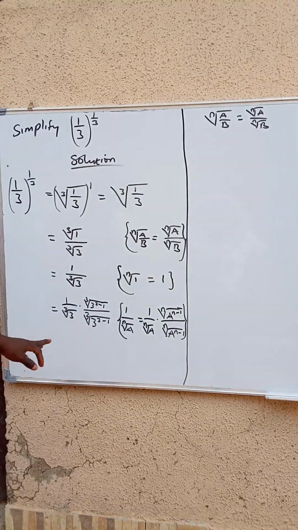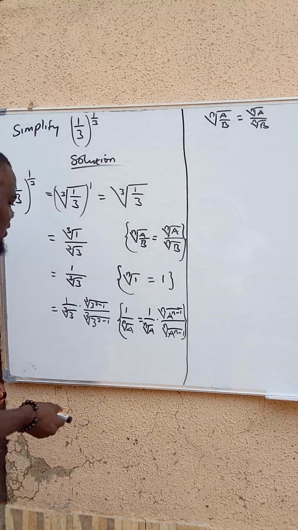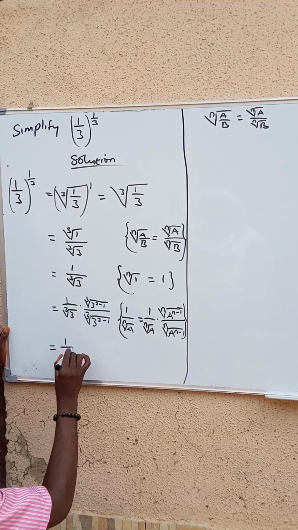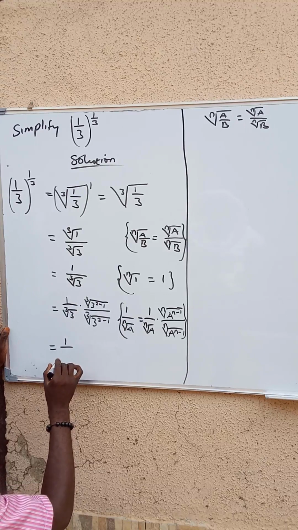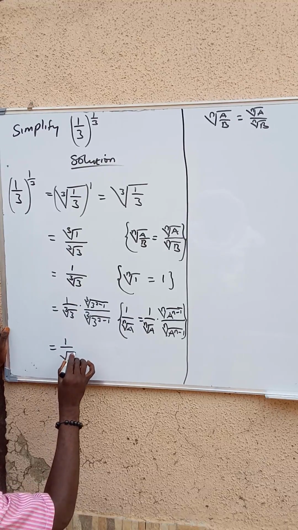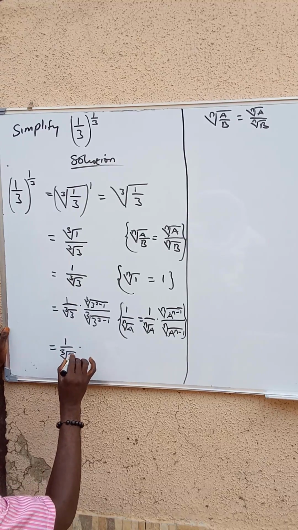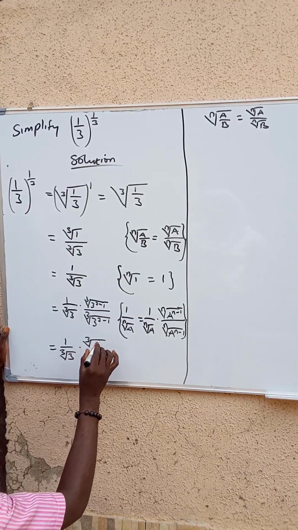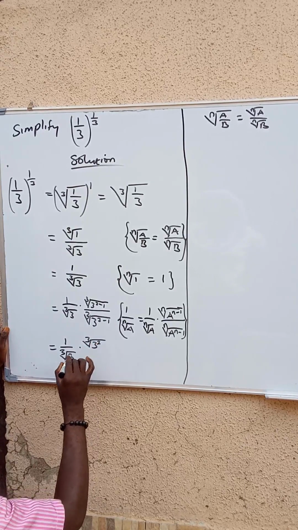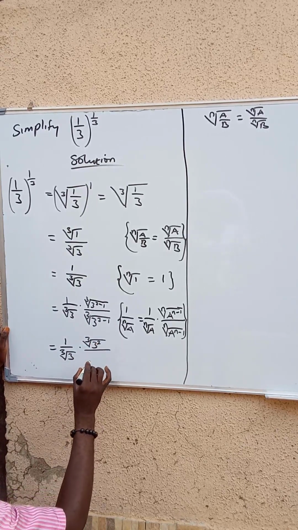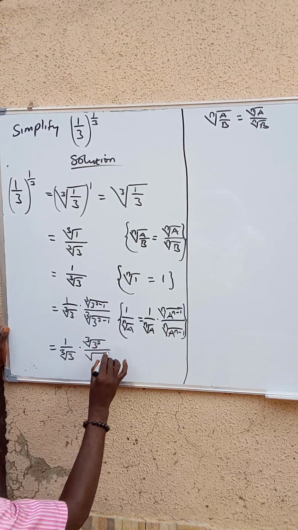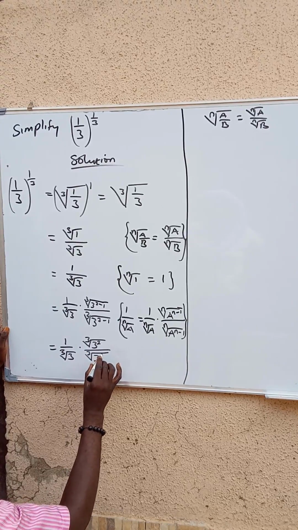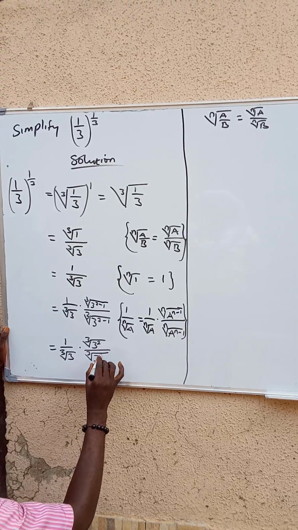Now if you look at it very well, this one will now become what? 1 over the cube root of 3 dot the cube root of 3 raised to the power of 2 over the cube root of 3 raised to the power of 2.